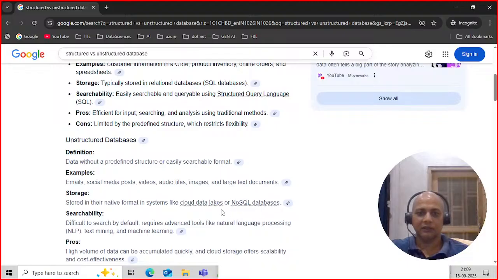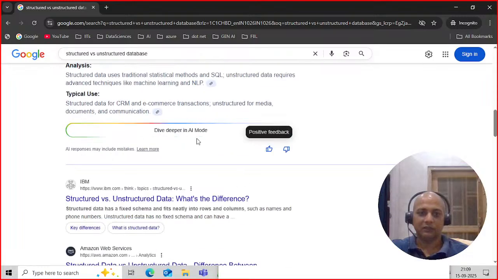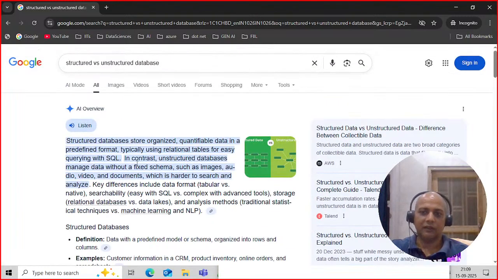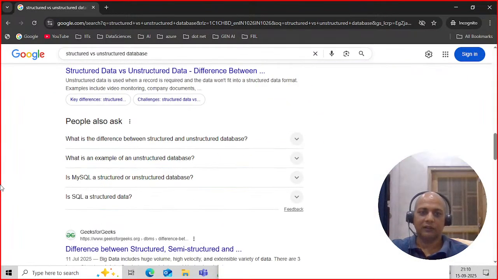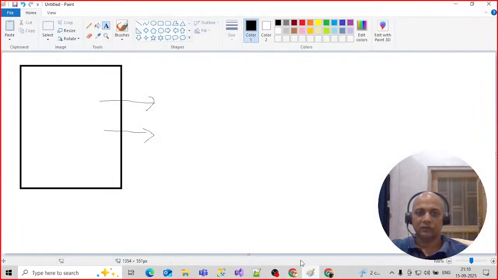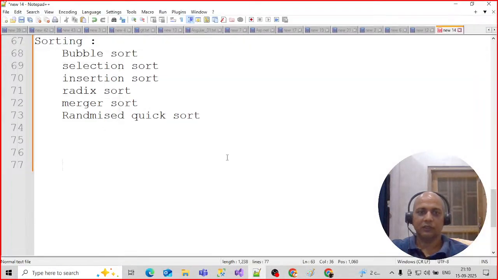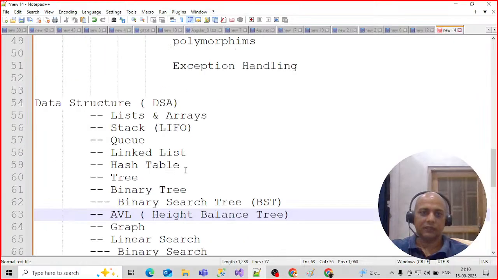We have these things, and different software are available for this. So you can also think of it. These are the important things that need to be taken care of.